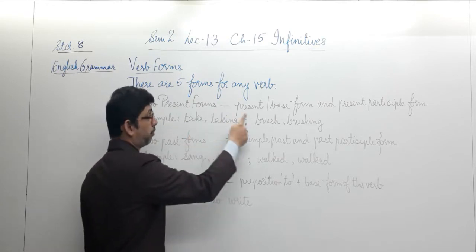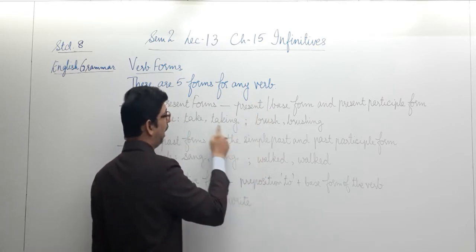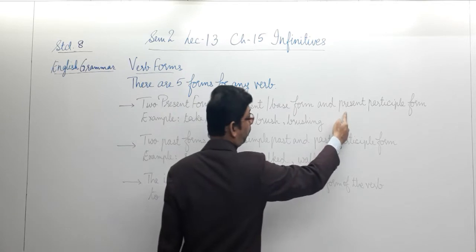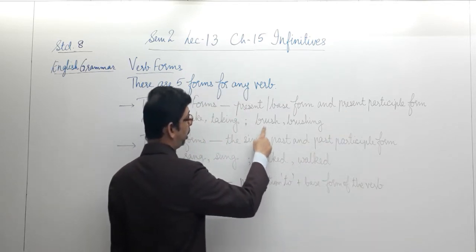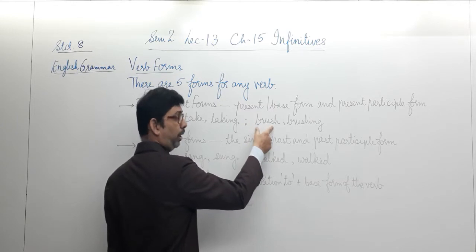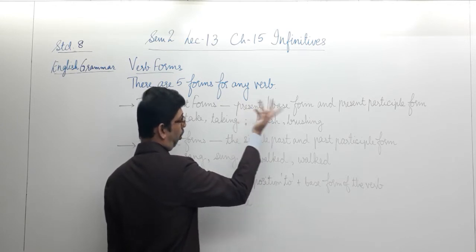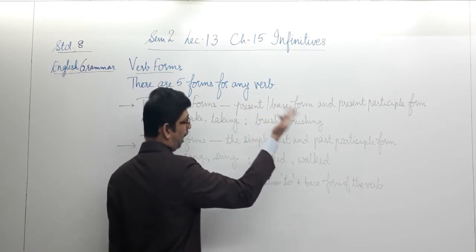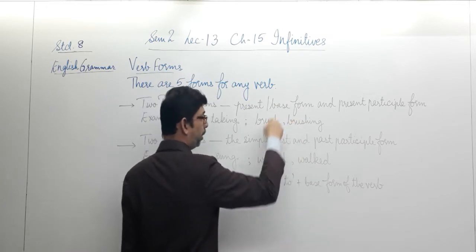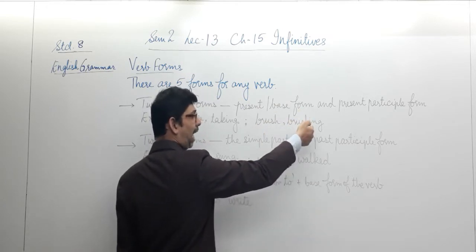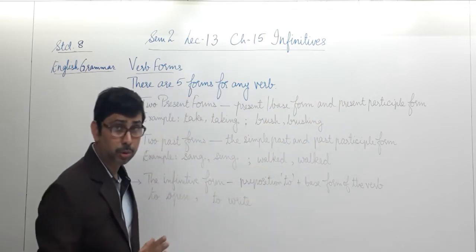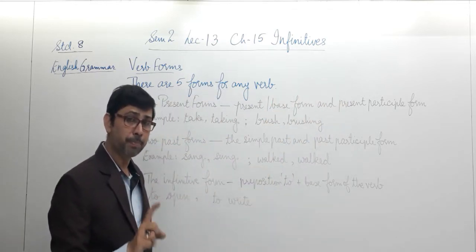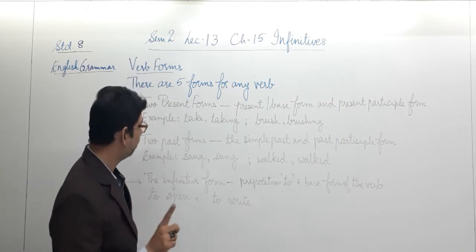So take, present or base form as we call it, and taking, the present participle form. Another example, brush is a verb, an action doing word, present form, or in other words the base form, and brushing, which has been changed by applying the ing, is its present participle form. So I hope this is quite clear to you. 2 present forms, base form and present participle form.